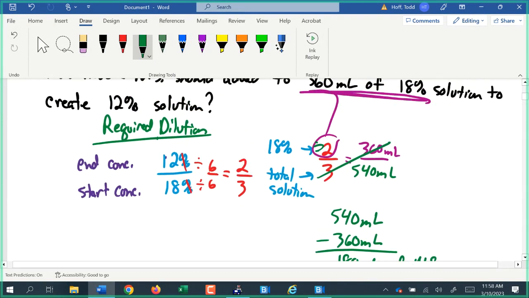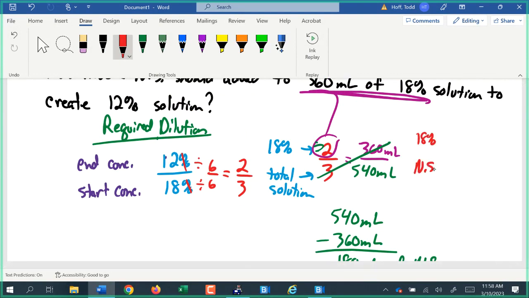Or we could adjust this ratio so that we have our concentrate, the 18%, to the amount of NS being added. And here, the amount of concentrated solution we have is still 2 parts, but the sterile water is 3 parts minus the 2 from the concentrate, so just 1 part.